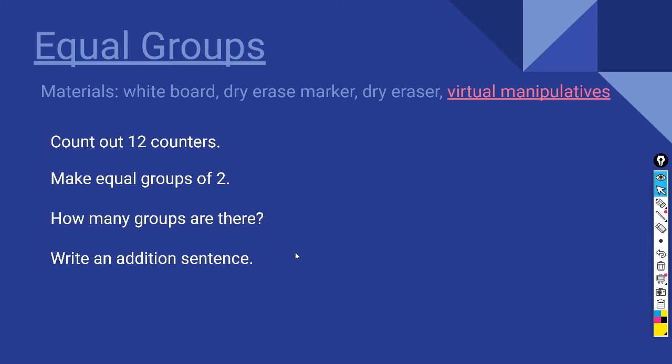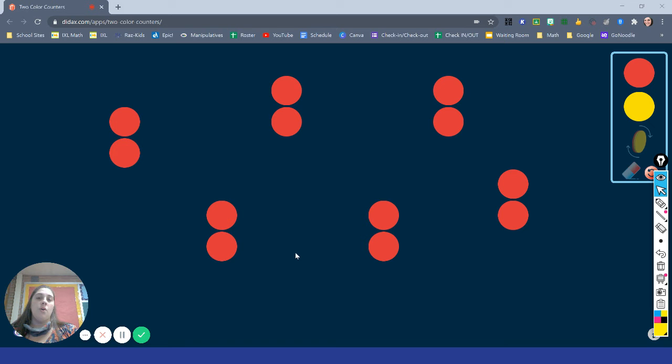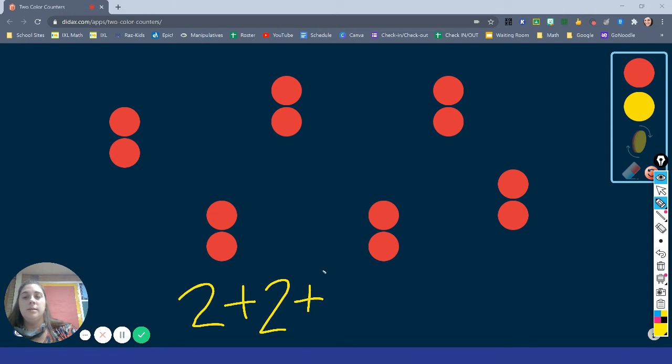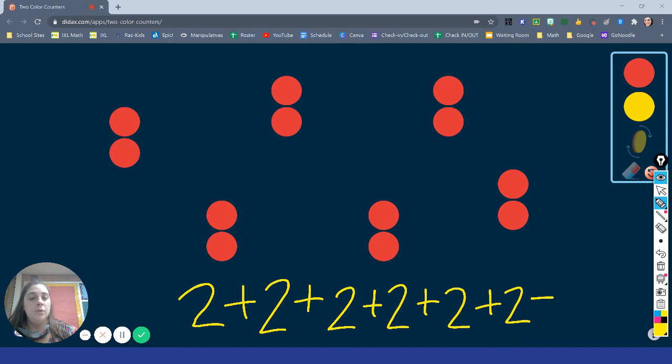Write an addition sentence. Okay, so let's go back. We're adding all of the groups together. So this group right here has 2, plus this group has 2, plus this group has 2, plus this group has 2, plus this group has 2, plus this last group has 2.